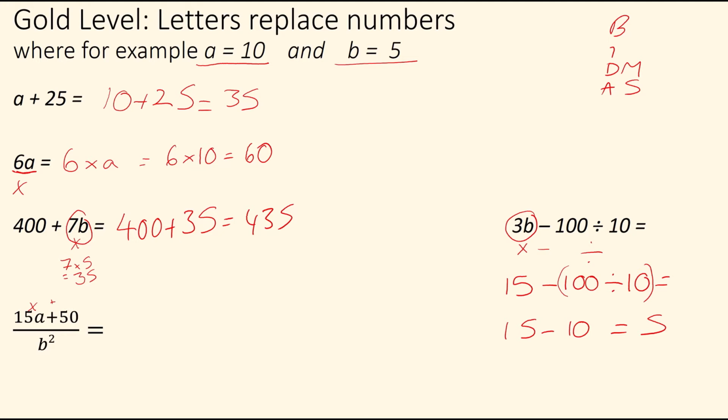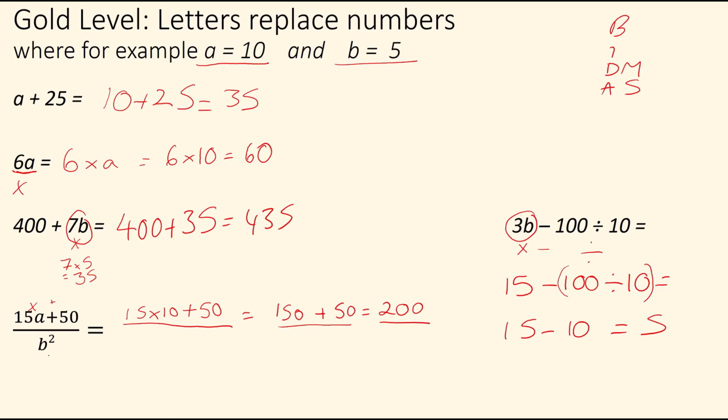So 15 times a. Remember that a is 10. So 15 times 10. We'll write all this out. And then that top line says we're going to add 50 on top as well. That would actually be 150 add 50. So that top line finally comes down to 200.